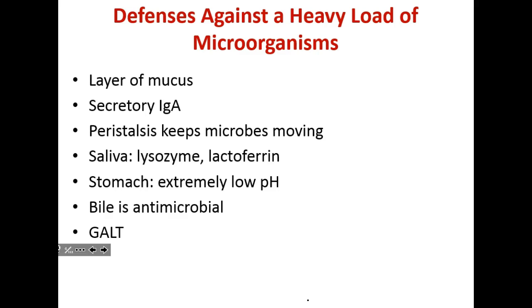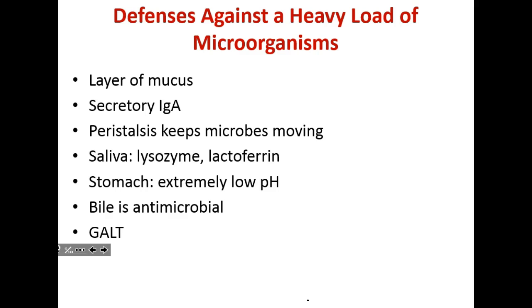In the small intestine, it pushes it on down to your large intestine, then out of the, what's next? Rectum or anus? Rectum, yeah. So peristalsis not only keeps your feces moving, it keeps microbes moving. Microbes move with it.